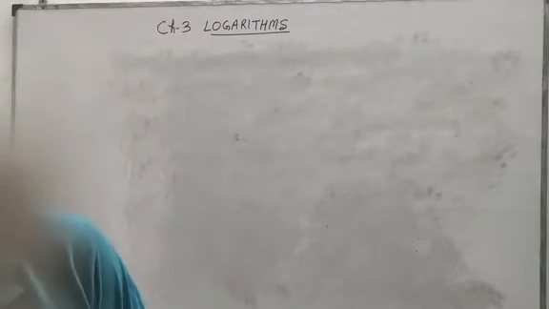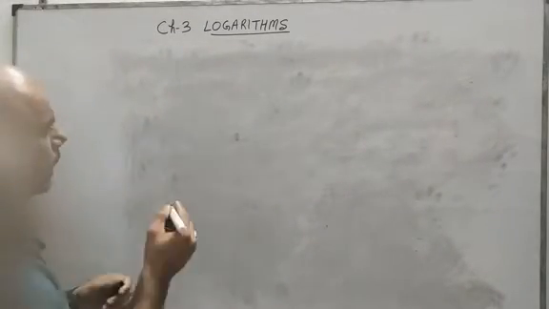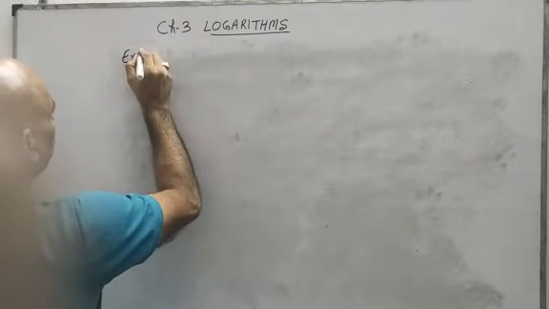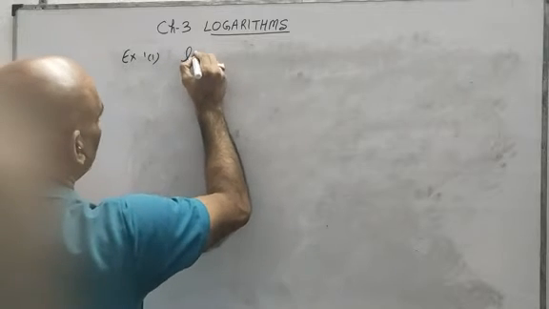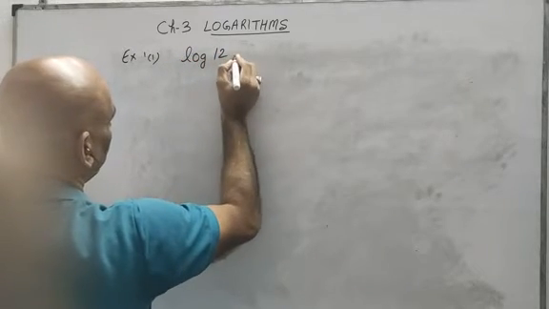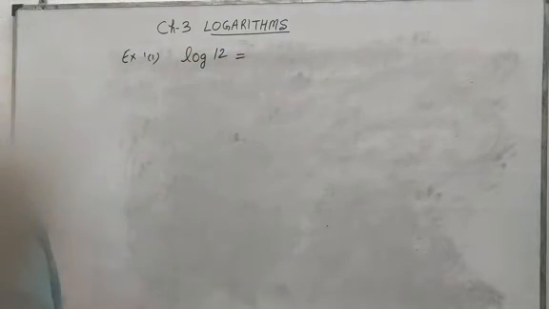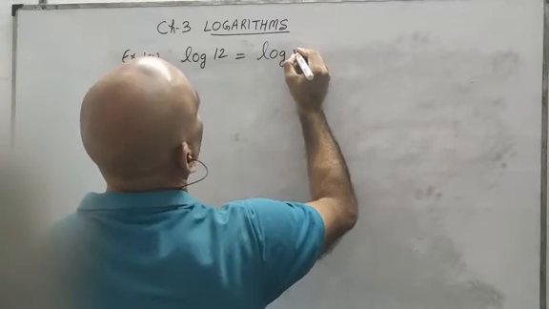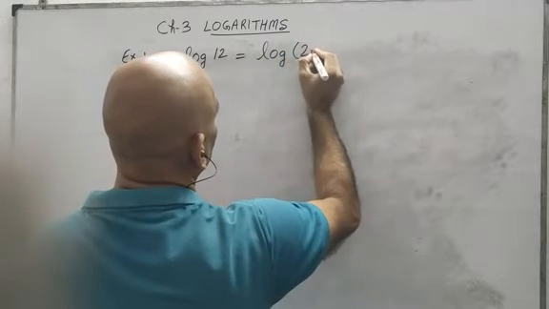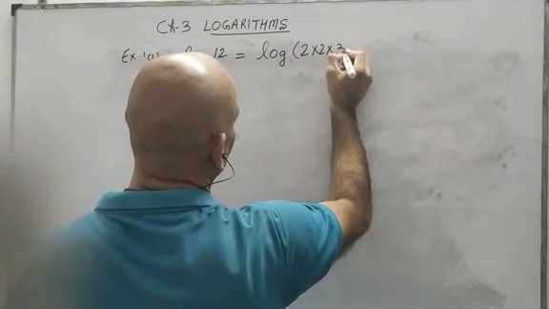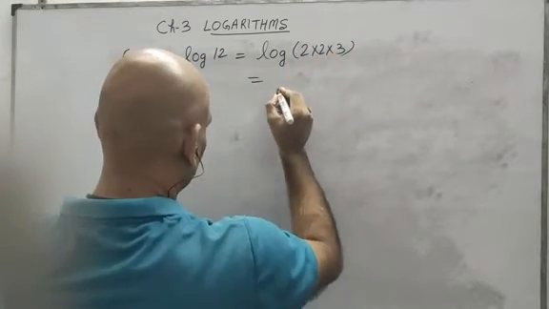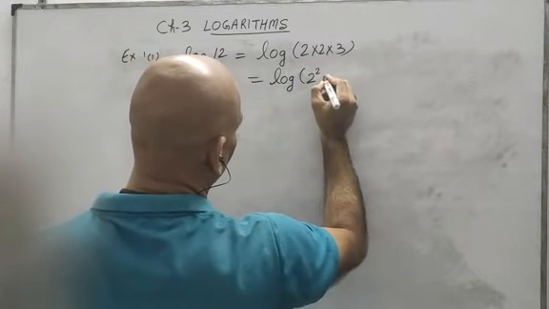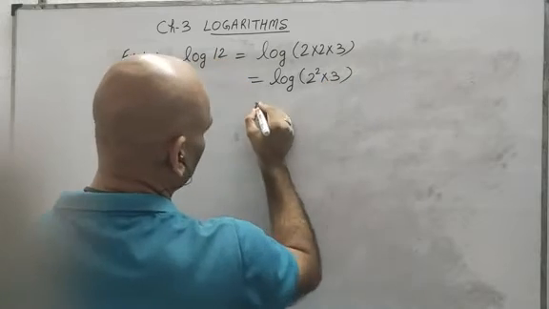Yes, let us see what the questions are like. For example, example 1, part 1: log 12. If the base is not written, it is understood to be 10. Now 12 can be written as 2 squared into 3, so we write log of 2 to the power 2 into 3.